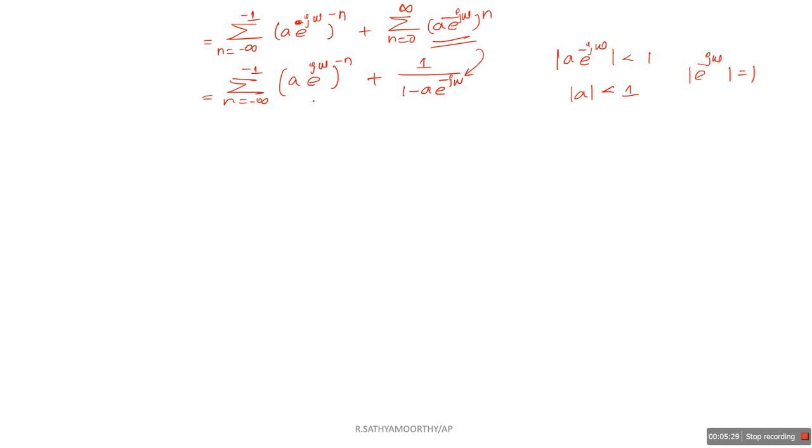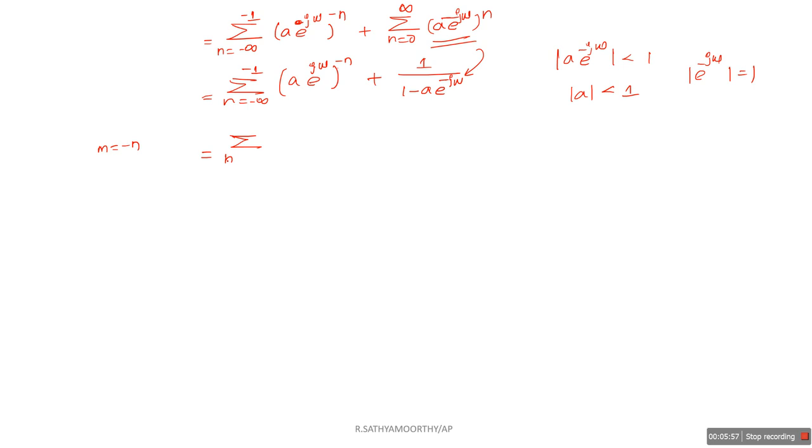Now we have a term here. How do we write this? The power is in terms of minus n, and the summation ranges from minus infinity to minus 1. Let's take m equal to minus n. Let's change the variable in the summation, n equal to minus m.